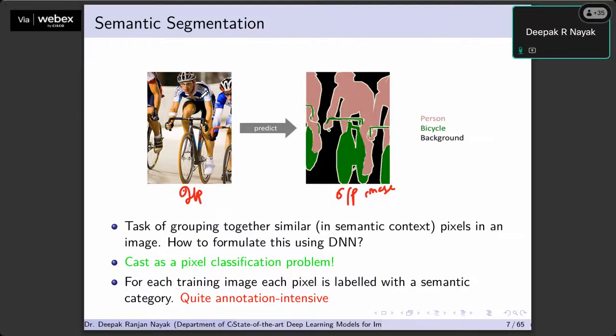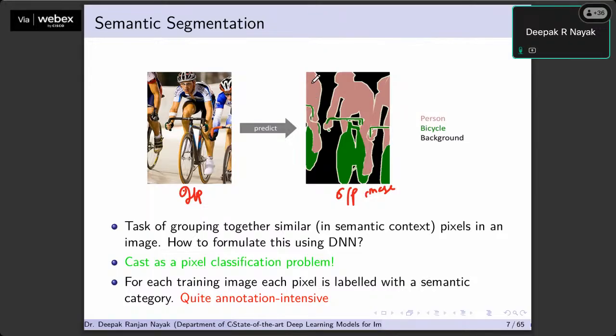I want to highlight or group those pixels where there is a person and where there are bicycles. Now you look at the output here, right? These are the pixels where the person is, and these are the pixels where the bicycle is. When I look at the second person, it is the same thing, but we are not differentiating among the persons. Differentiating among the persons is known as instance-based segmentation, right?